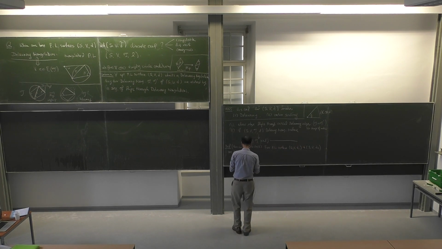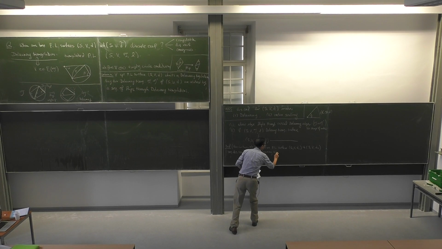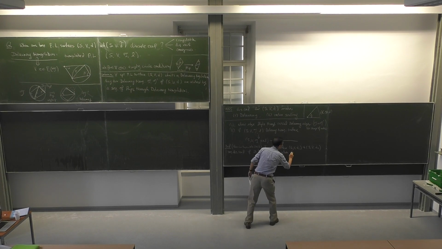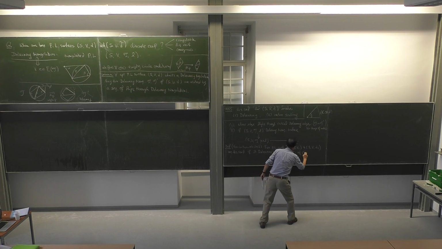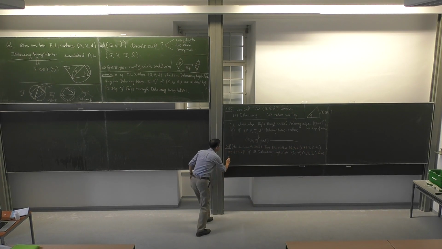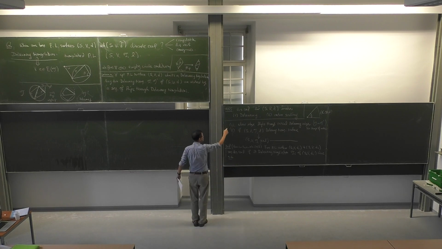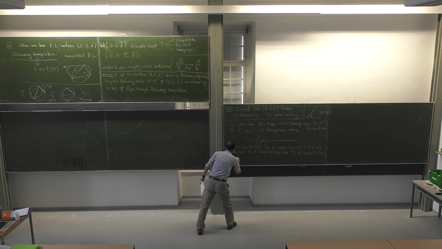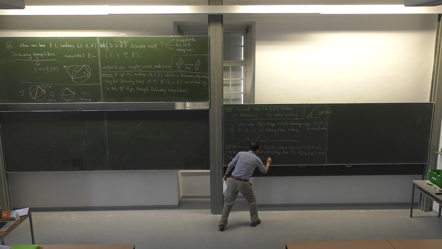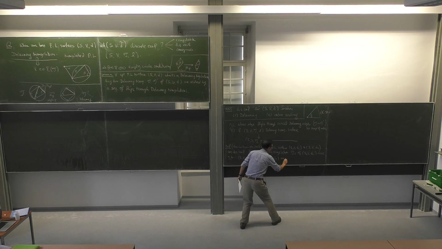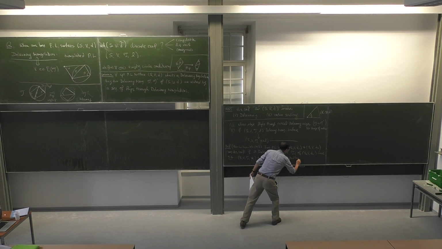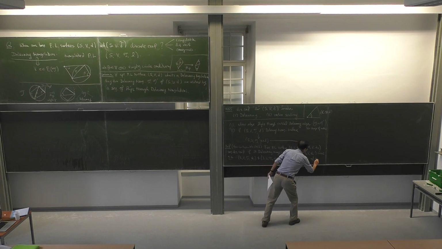So there exist Delaunay triangulations of SVD1 and SVD2, such that these two triangulations are related by a sequence of these two operations.